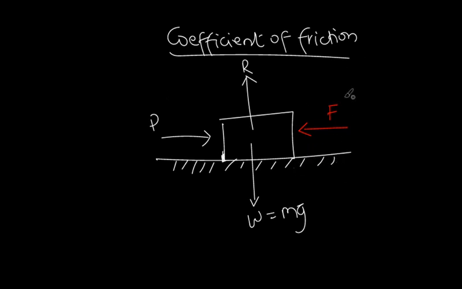Now mind you, friction can only be between a body and a rough surface. If we have a smooth surface, there's no friction between the two bodies, because friction tends to retard the motion of two bodies. So when our surface is very smooth, this body can easily move along it, so there will be no friction.